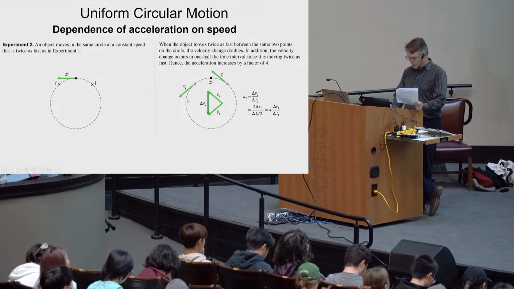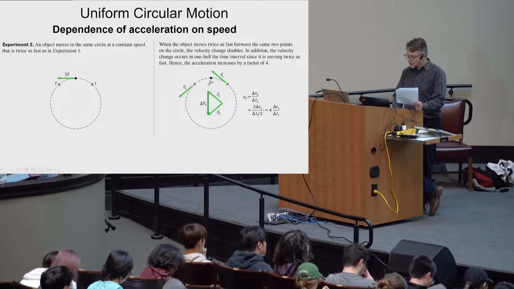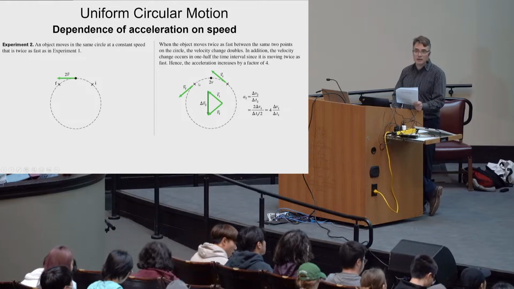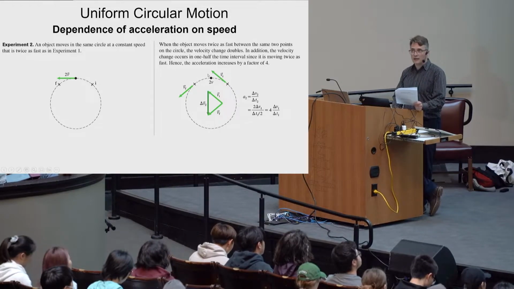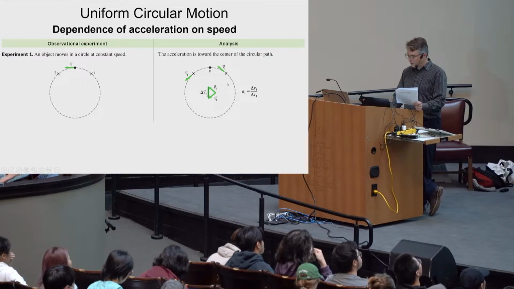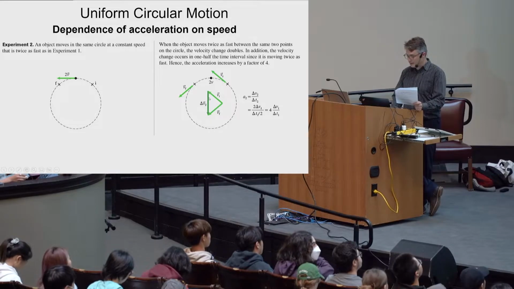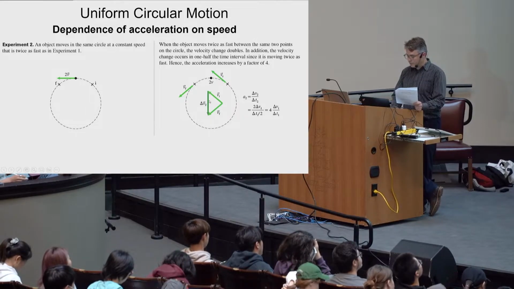So instead of v, now you've got 2v. And you take the same two x's to keep the angle all the same, tangents, right? So what I've done is doubled these vector lengths, and so what that does is makes delta v twice as long.